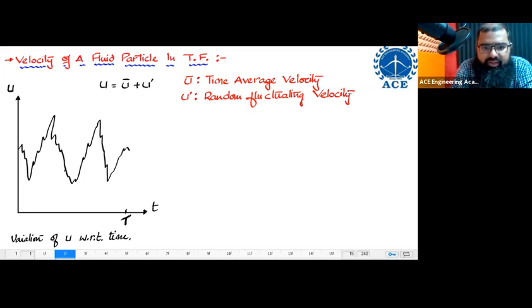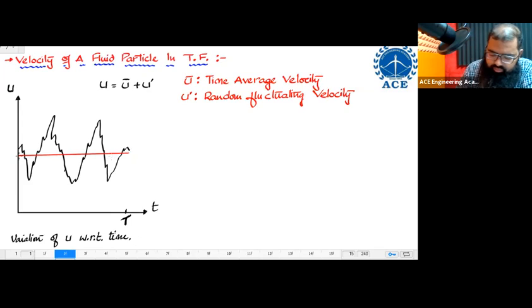Now, what do we mean by these things? You see, from time t equal to 0 till t equal to capital T, my velocity is keeping on varying like this. So now let us say I take an average value of this velocity.